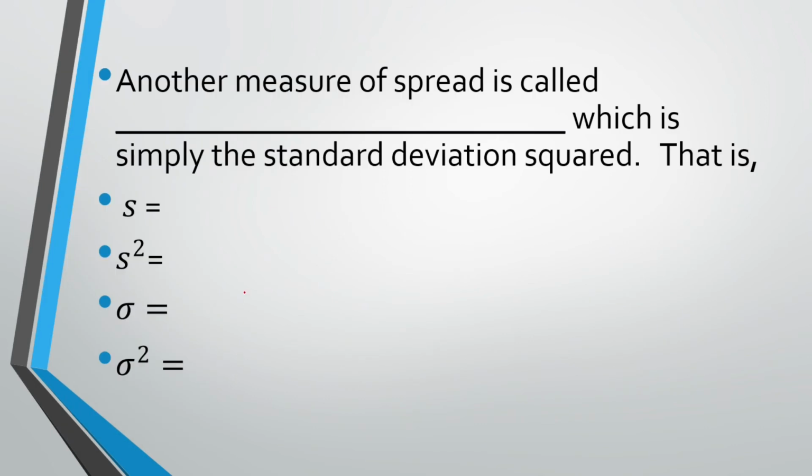Another measure of spread is called variance. Variance is simply the standard deviation squared. Now recall S is the sample standard deviation.